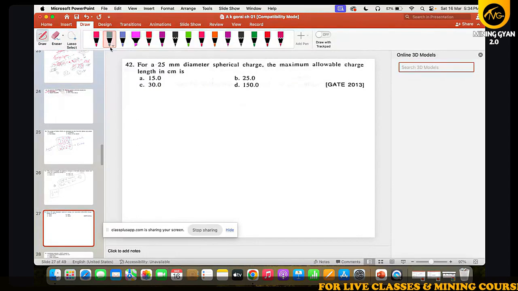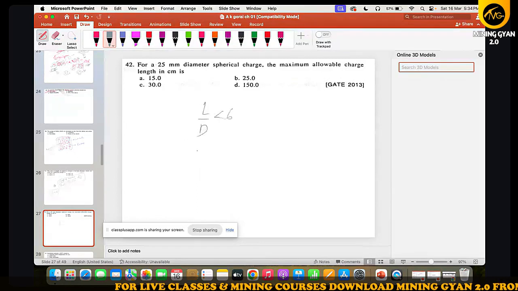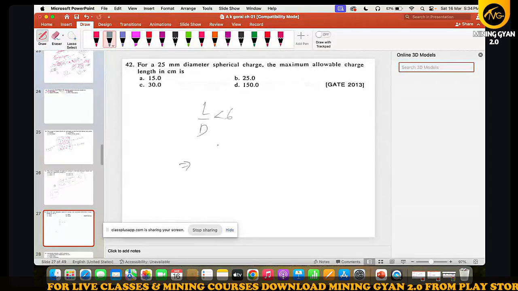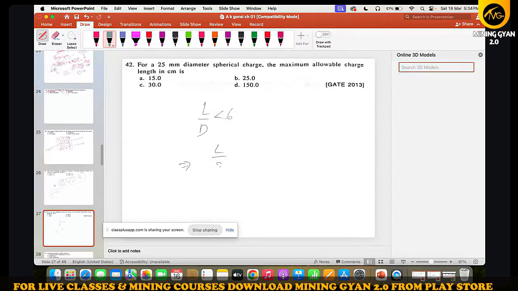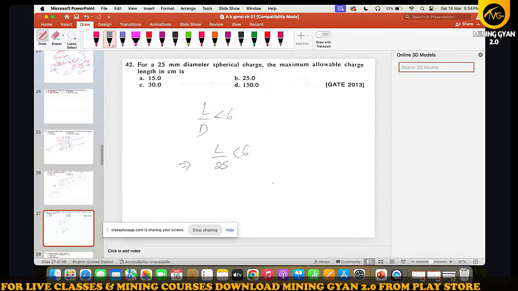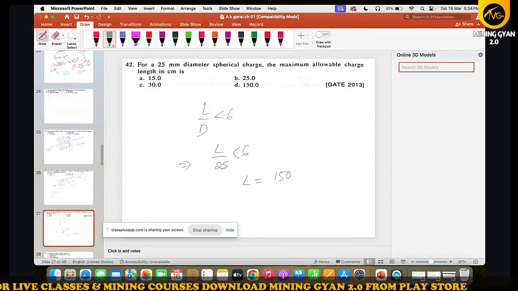So please solve this question. Here L by D should be less than 6. L is given or not? L is not given. D is given, 25. L should be 150. In which unit does the diameter come? It will come in mm.